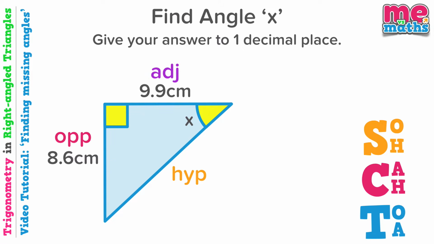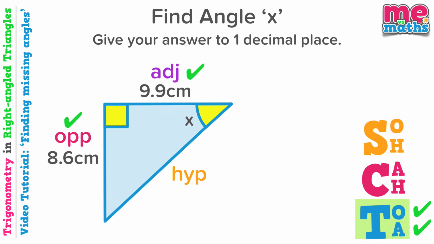Now the next step is to identify what I've been referring to as the active sides in our triangle. Previously, one of these was a side which we were given and one was a side that we were looking for. This time we have been given two side lengths, so these are our two active sides. Let's tick them. So we're looking for the formula that uses the opposite and adjacent, which is TOA.